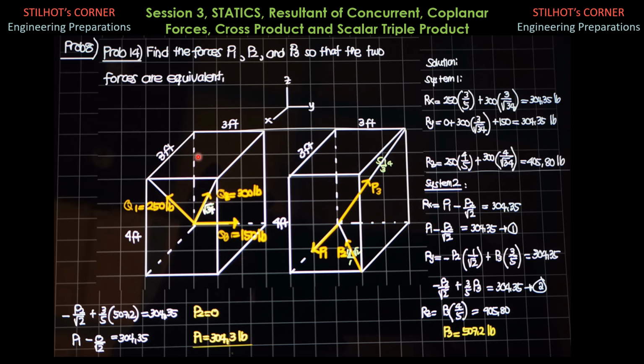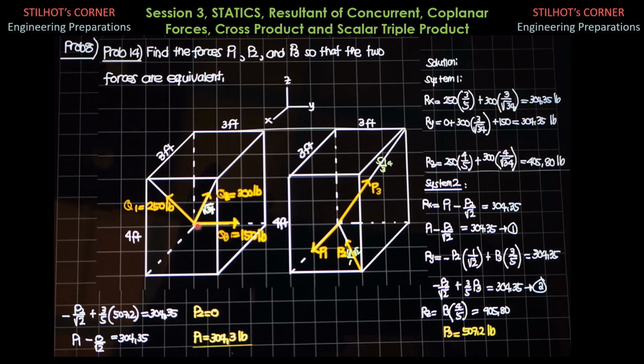Ry, summation of forces in y for system 1, y component of 250 is 250 times 4 over 5. Y axis is to the right, so Q1 has no y component. Let's begin with Q2. The y component of Q2 is positive, magnitude 300. The y component of distance 4 divided by distance square root of 34.